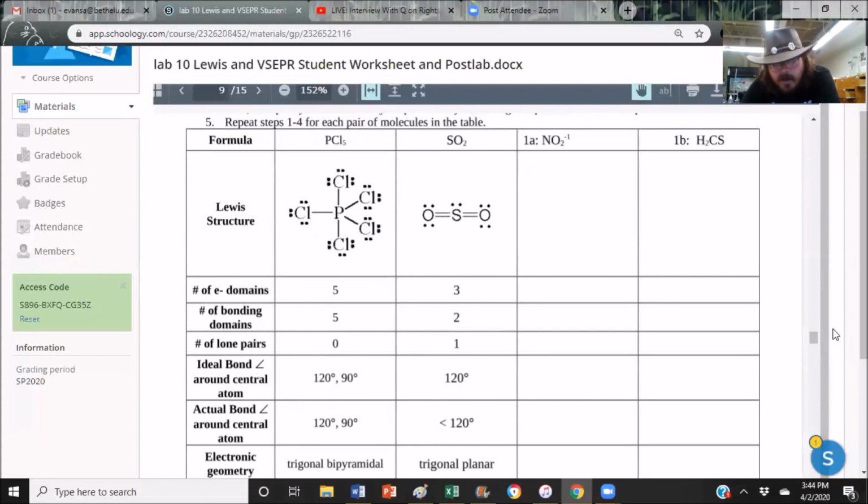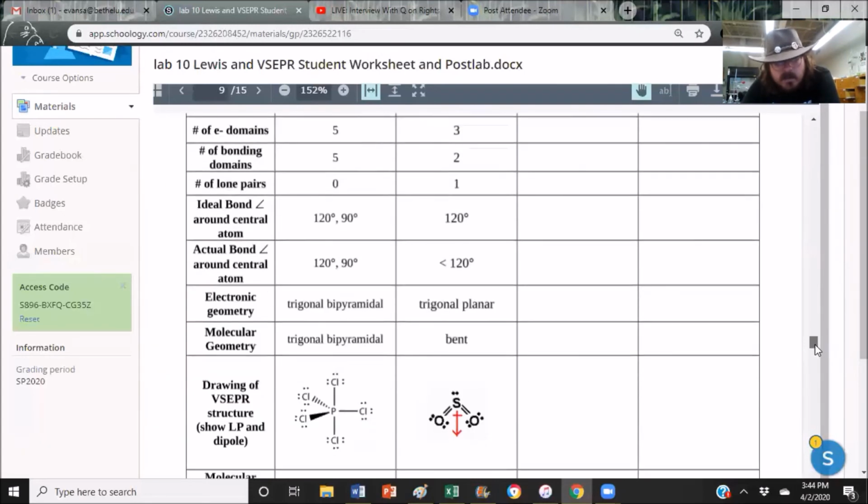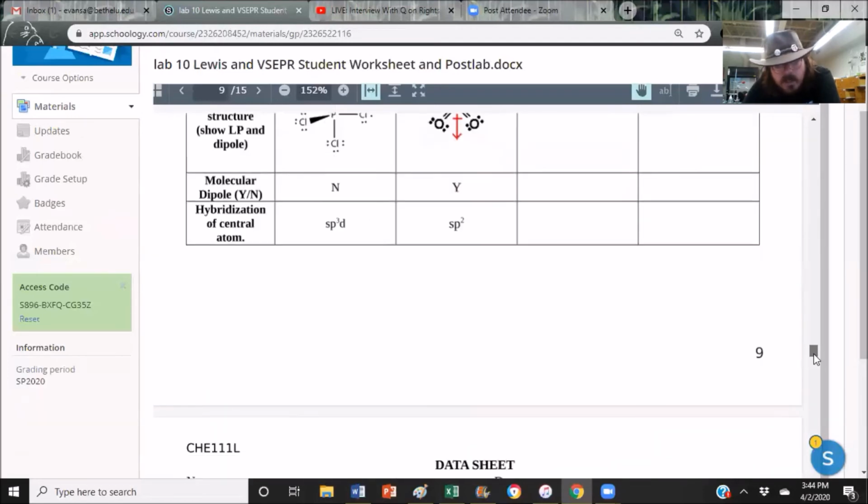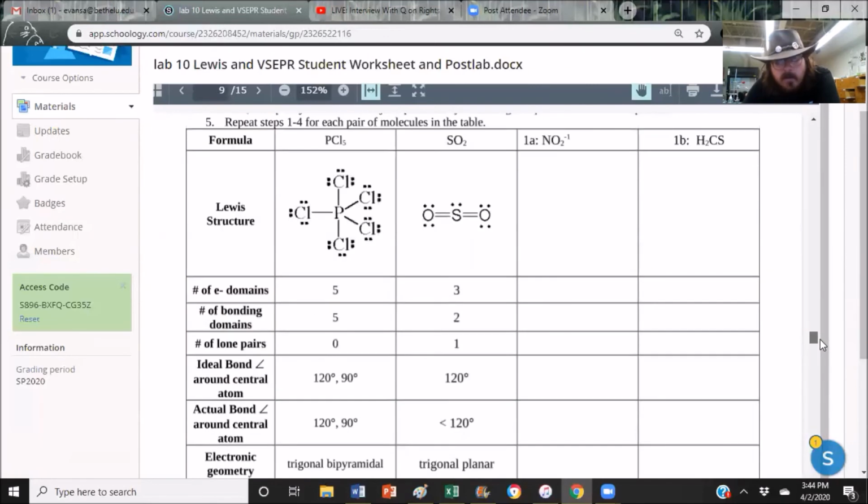So PCl5, all the same atoms, these two geometries are the same. But if the atoms are different or they're not equal and opposite, then you can have polarity.